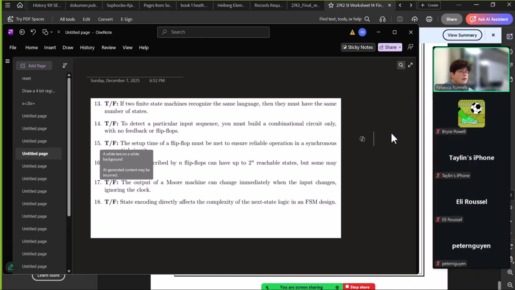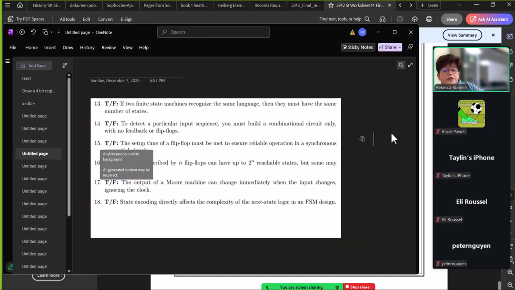And so if you use different languages, you might end up with a different number of states. And you could end up with a different number of states in the same language and still do the same thing. To detect a particular input sequence, you must build a combinational circuit only with no feedback or flip-flops. That's false. You have to have flip-flops for a sequence detector.